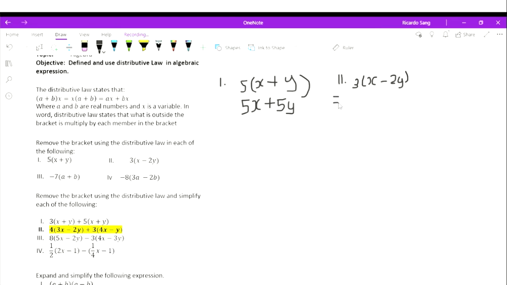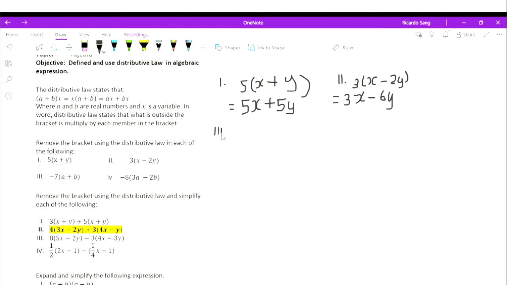So this is going to become equal to 3x, and 3 times 2 is 6, so this is going to become 6y. Alright, so that is it for that one.